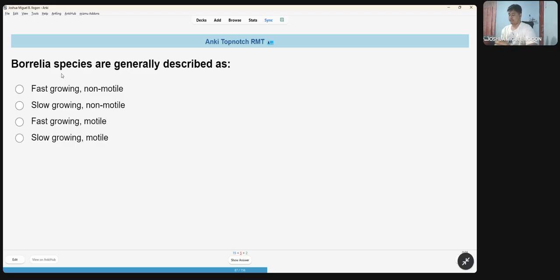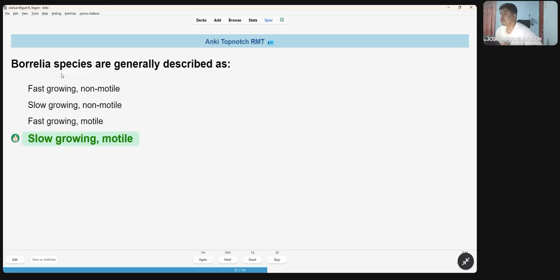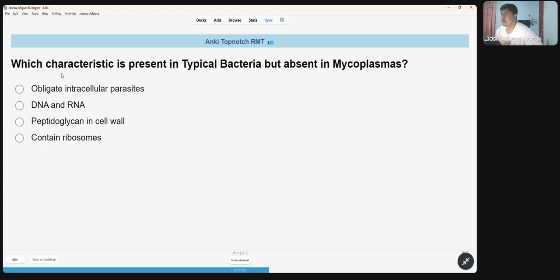Borrelia species are generally described as slow-growing, non-motile. No. Borrelia species are slow-growing. Absent in Mycoplasma, present in typical bacteria.